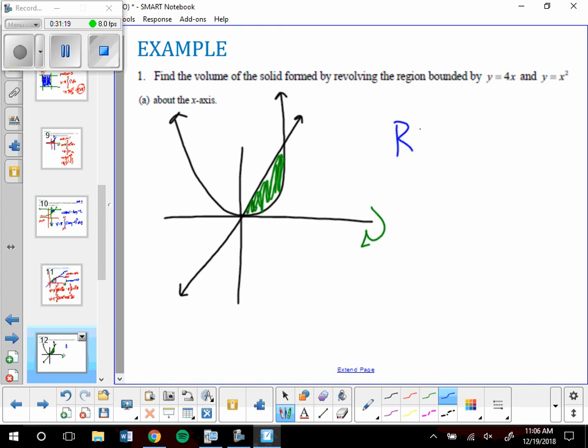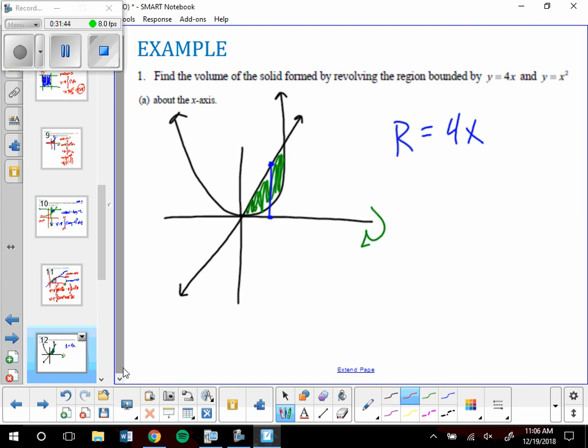To get big R, my outer radius, I need to go to the function that's as far away as possible from my axis of revolution. What function is that? 4x. And drop it all the way down to the axis of revolution. So what's the height of that? 4x.